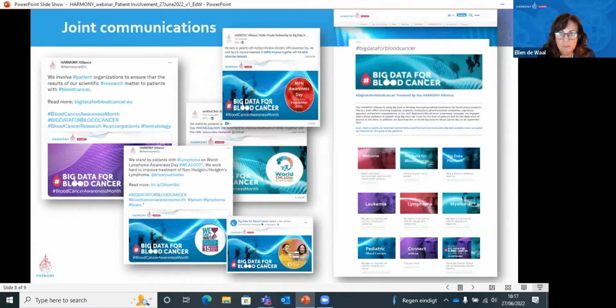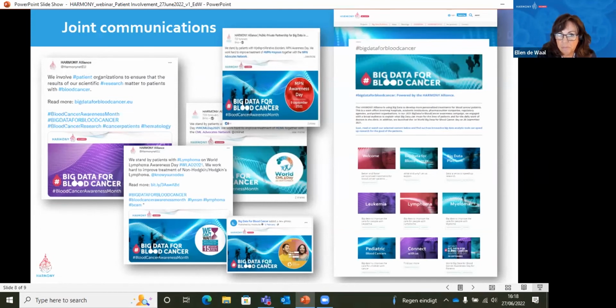During that whole month, various groups or communities within blood cancer and hematology have their own individual awareness day. So it was for us an excellent method to link our relatively difficult topic with these awareness activities.